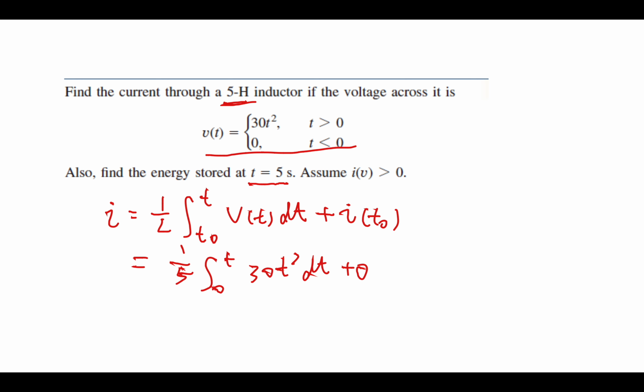The initial current is 0, so that we have 2t squared. So this is the current, right? And the energy stored at time 5, so W equals one half times L times I squared, when I is equal to 5.